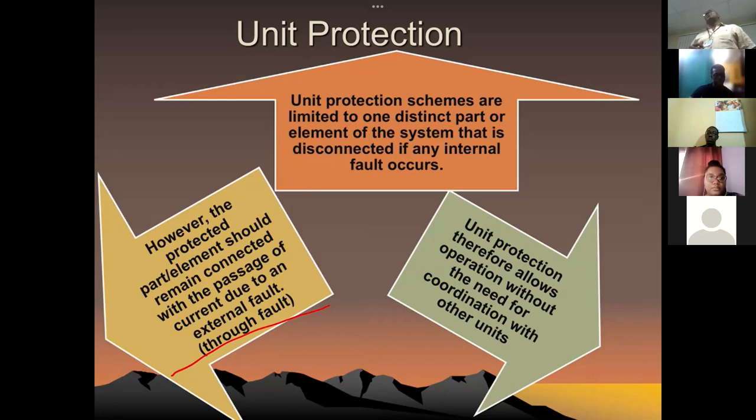So going back to the transformer, what we're saying is that yes, you will have the unit protection. It will allow fault currents to pass through. However, there is a limit because of the size of the windings themselves, there's a limit to the amount of current that can safely pass through.